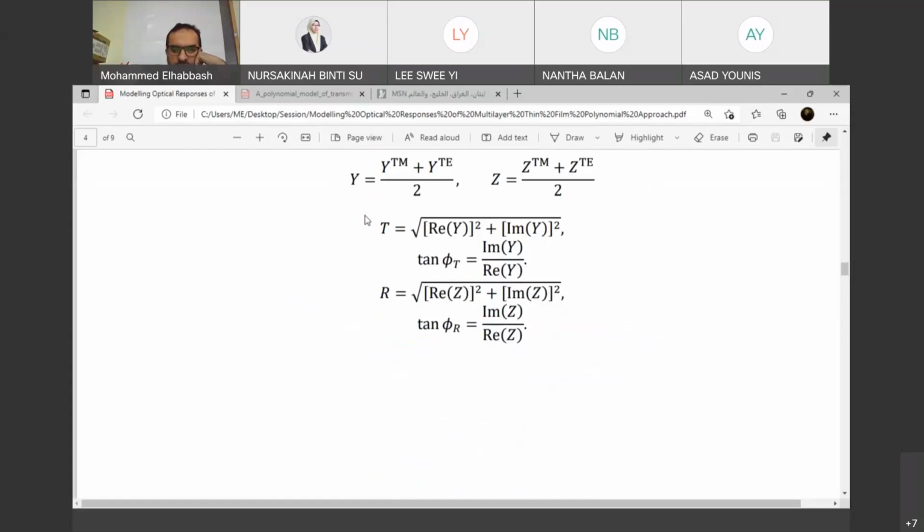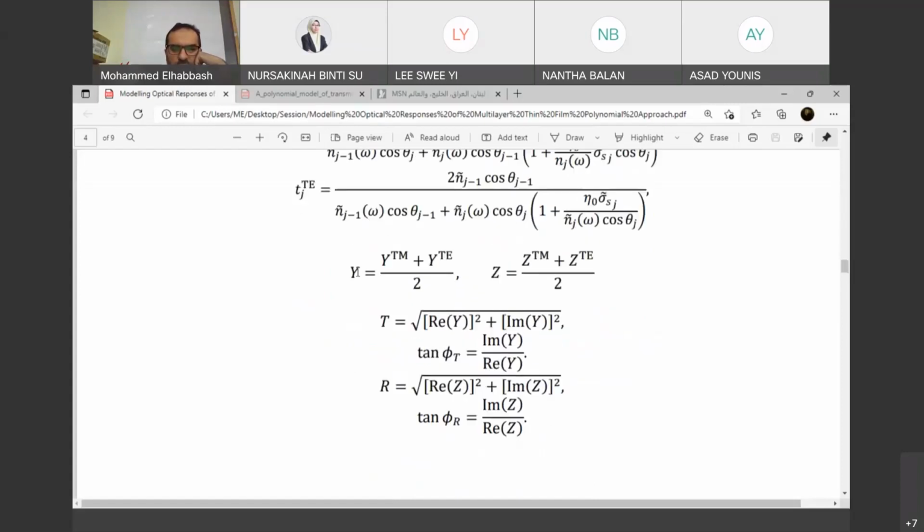So here we have the Y and Z matrix, which is the average of this. When we simulate, or when we try to practice this in the lab, we will use the two types of polarization, and we take the average. After that we have the Y matrix, and also here we have the Z matrix.